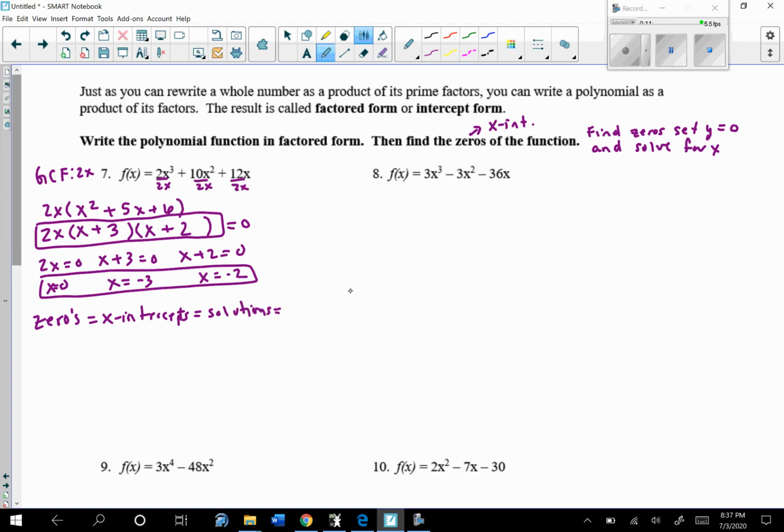And sometimes you might hear people say find the roots, because a lot of times when you solve, you're taking the square root. So zeros, x-intercepts, solutions, or roots all mean the same thing. So if it said find the solutions of the function, or find the x-intercepts, or find the roots of the function, you're doing what we just did. So that means that x is equal to 0, -3, and -2.